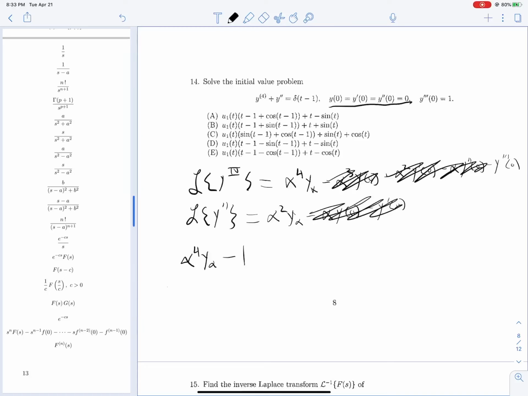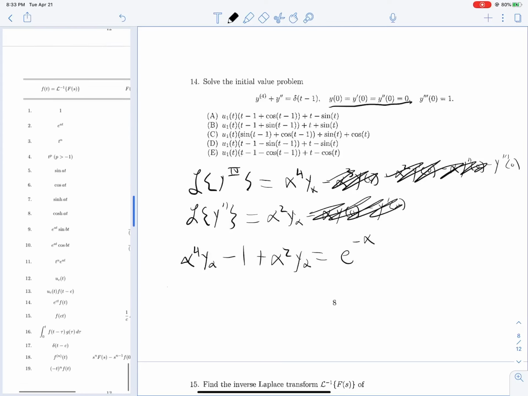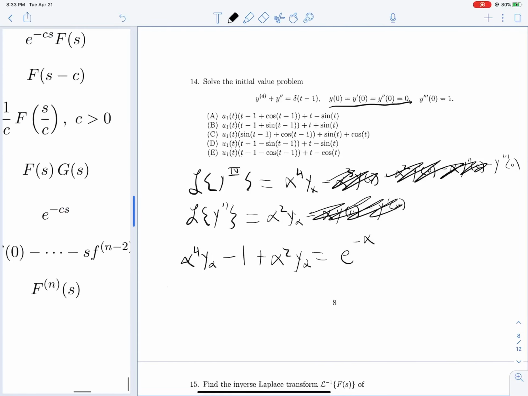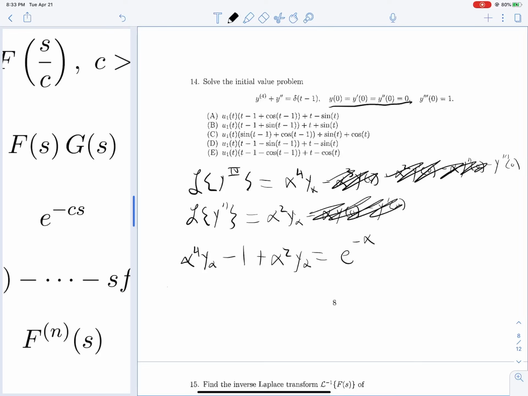That minus 1's coming from that initial condition there, plus alpha squared y alpha is equal to e to the negative alpha. And that's just coming from the Laplace transform of delta at t minus c is e to the negative cs.